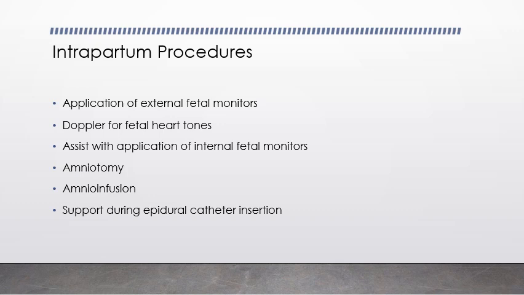You may be asked to assist with amniotomy, that's artificial rupture of membranes, amnioinfusion, which is done through an IUPC, intrauterine pressure catheter, to instill fluid back up into the uterine cavity. And you may need to support the laboring mother during an epidural insertion.